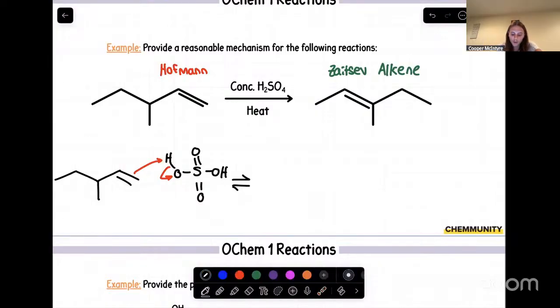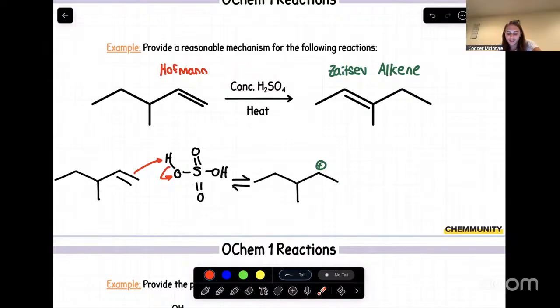And in terms of where our carbocation should go, we always want our carbocation to be on the more substituted carbon. So in this case, we have to pick between a secondary carbon and a primary carbon. A carbocation will be more stable on a secondary carbon. And speaking of secondary carbons, like we mentioned earlier in this review session, those are your worst enemies because you always have to be aware of if there's any rearrangements that can occur.